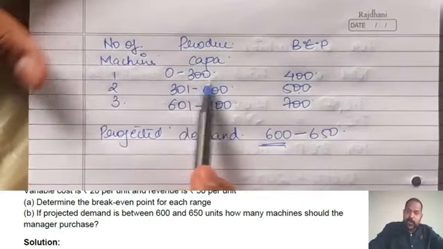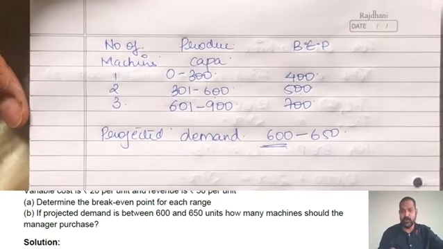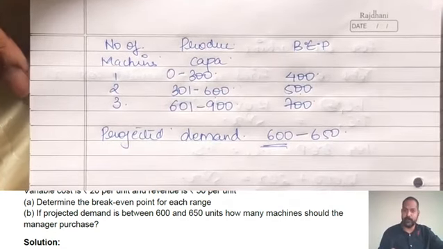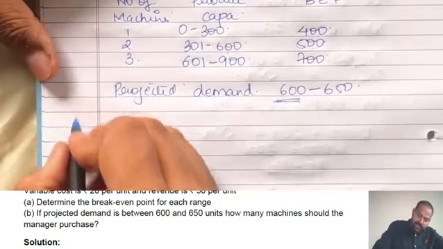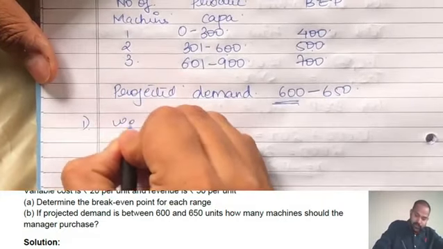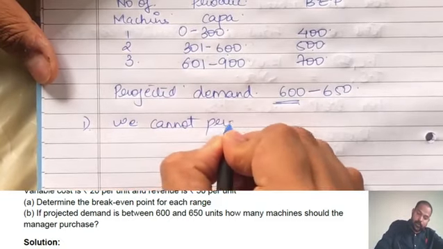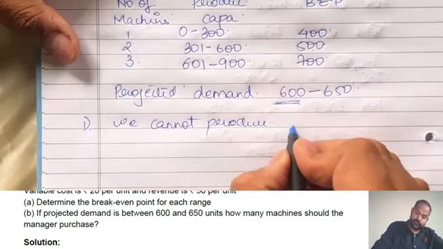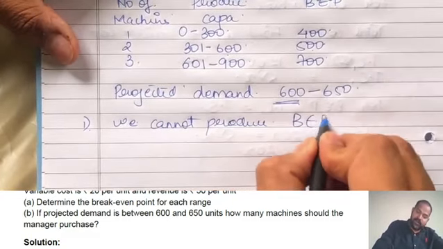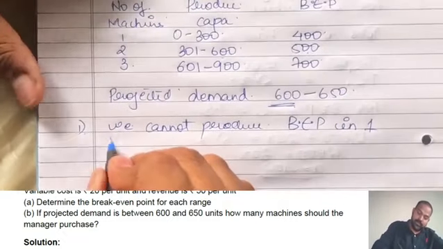But can you produce 400 units? You can't even produce 400 units. So there is no point. So my first declaration is, we cannot produce break-even quantity in one machine.